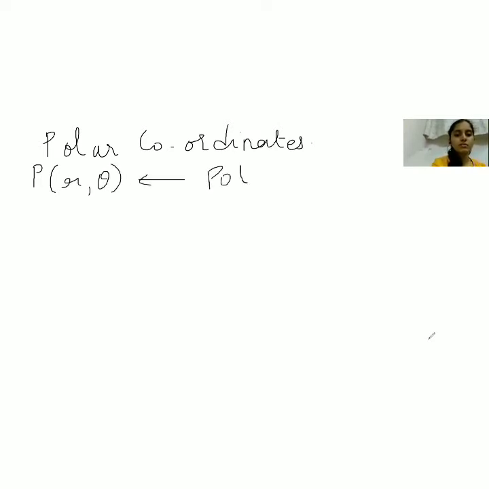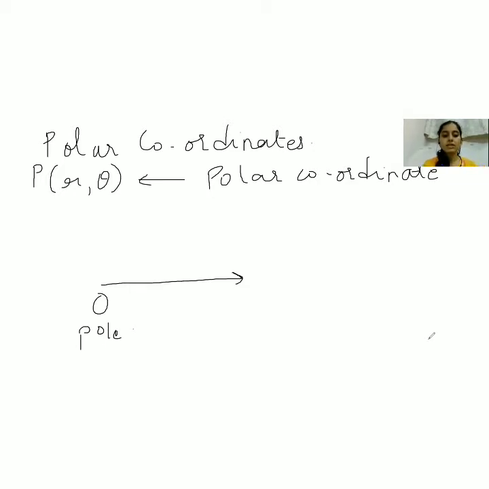Now, what does this mean? So let us draw a ray, calling it O, as the pole point of your circular or radial system. Okay, O as the pole point.